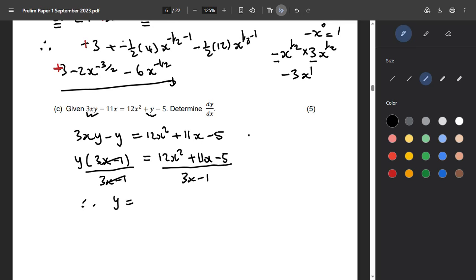I think we need to break the quadratic. Yes, we can use the quadratic. We can definitely use the quadratic, but I'll just choose to break the 12 into 3x and 4x. Then the factors of 5 is just 5 and 1. But now I need to decide which side I'll put the 5.